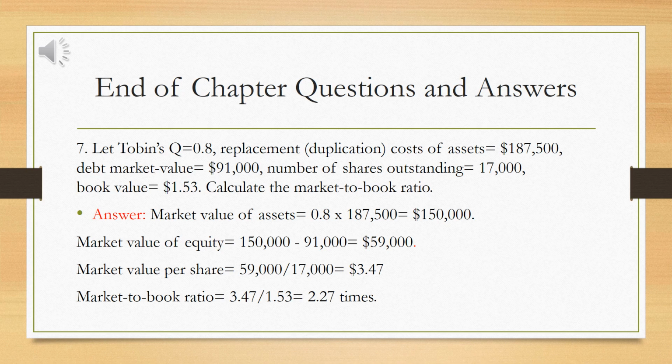Market value of equity equals 150,000 minus 91,000. Market value per share equals market value of equity over number of shares outstanding, so 59,000 over 17,000. And the market to book ratio equals 3.47 over 1.53, which is 2.27 times.